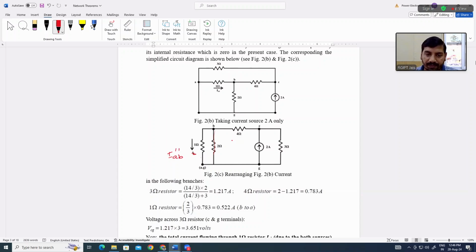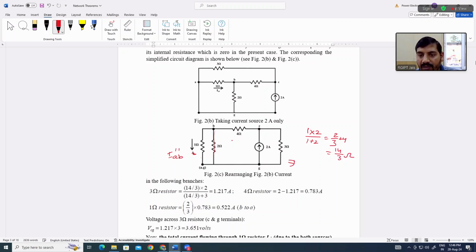It means the parallel combination of these two is 1 into 2 divided by 1 plus 2, that is 2 by 3, plus 4, plus 4, that will be 14 by 3 ohm.